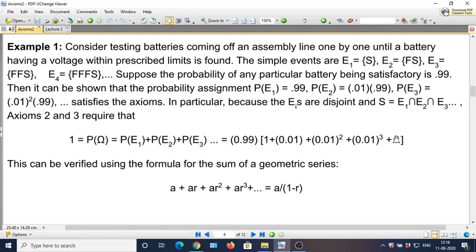So this actually forms a geometric series, and it can easily be seen that, because the multiplication factor R is less than 1, the sum can be written as A by 1 minus R. So we have 0.99 divided by 1 minus 0.01, which is equal to 1. So this is a simple case where we may have to encounter an infinite collection of events, and we should be able to handle them.